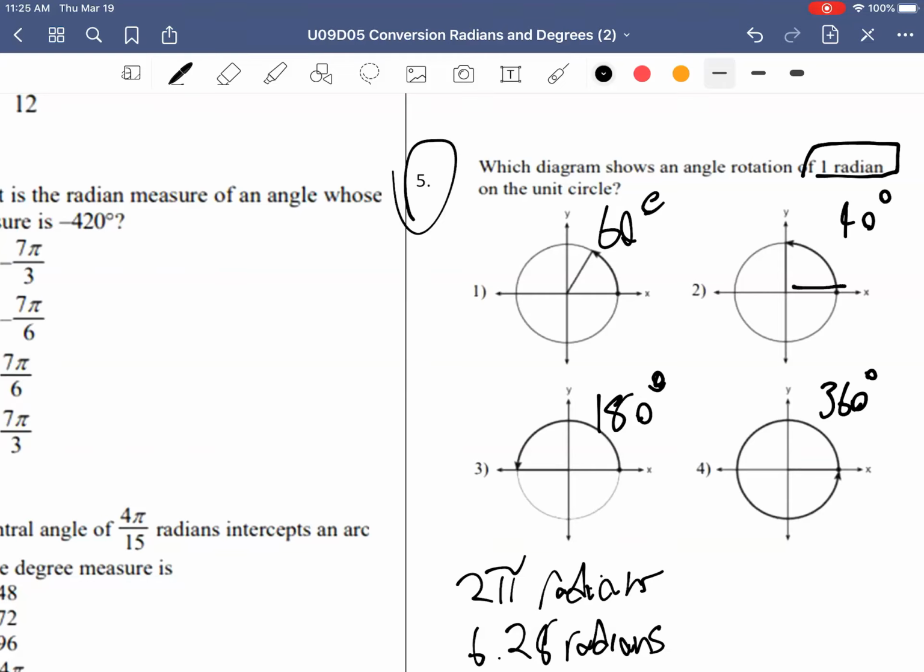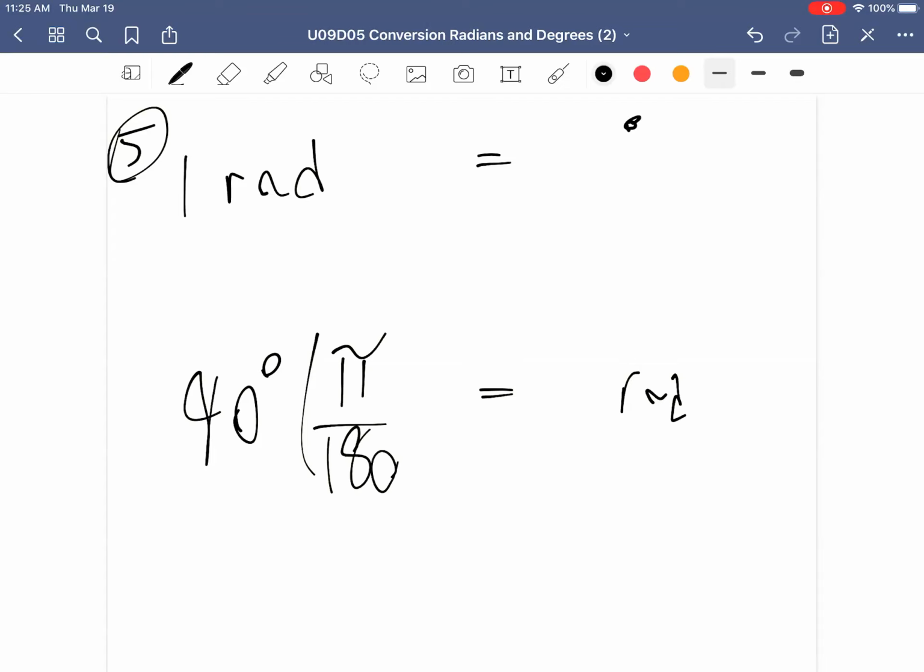I had set up an idea to help you convert. Converting 90 degrees into radians would be multiplying by pi over 180 degrees, which is half of pi.